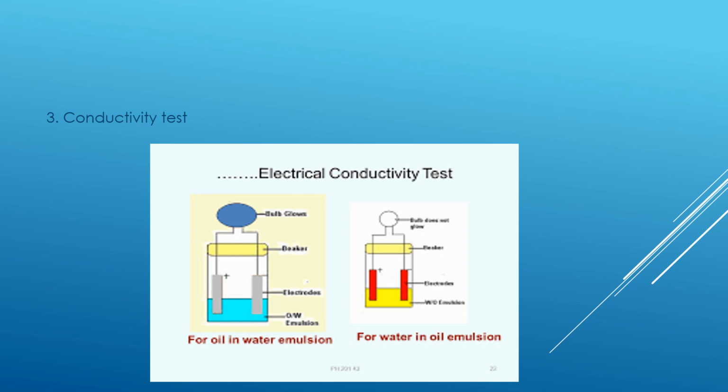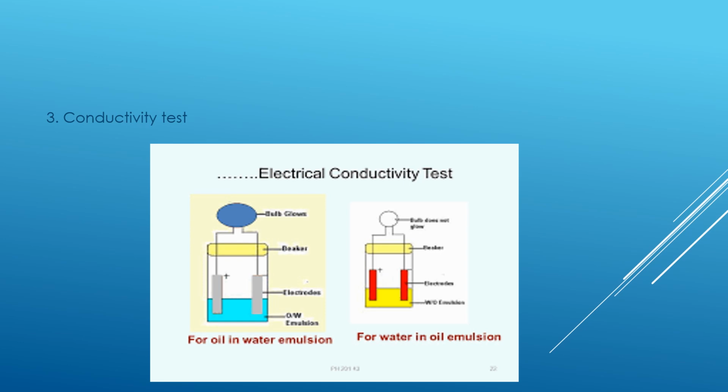Next test is the conductivity test. We all know water conducts electricity. Hence, an emulsion in which water forms the continuous phase acts as a conductor. And we also know oil is a non-conductor. Hence, an emulsion in which oil forms the continuous phase acts as a non-conductor.